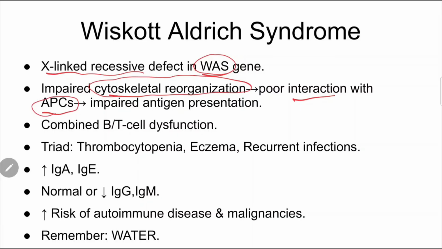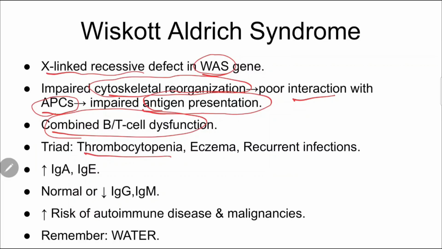So if you have a defect in that, then obviously you'll have a problem with interaction with the antigen presenting cells. And if you have a problem with that interaction, then you'll have an impaired antigen presentation. And you know that antigen presentation is very important for B and T cell function. So this is why we have a combined B and T cell deficiency or dysfunction, and it presents with a triad of thrombocytopenia, meaning low platelets.